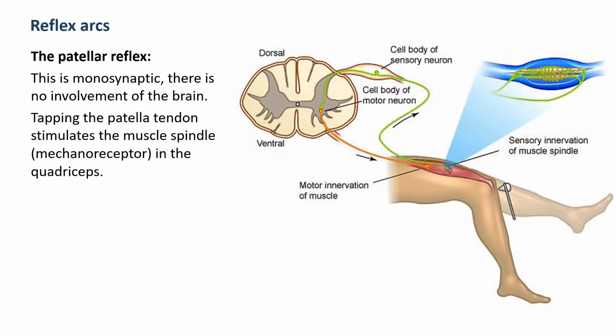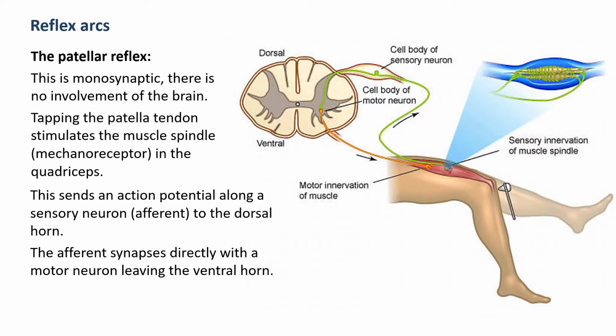So starting from the beginning, of course, you tap the patellar tendon. Hopefully you hit the tendon. And this stimulates a muscle spindle. A muscle spindle is like a little specialist mechanoreceptor in the quadriceps.